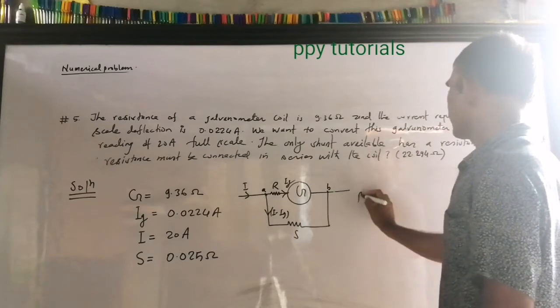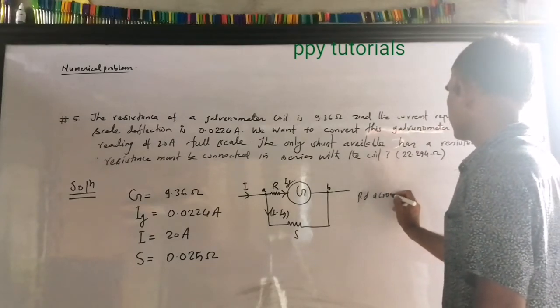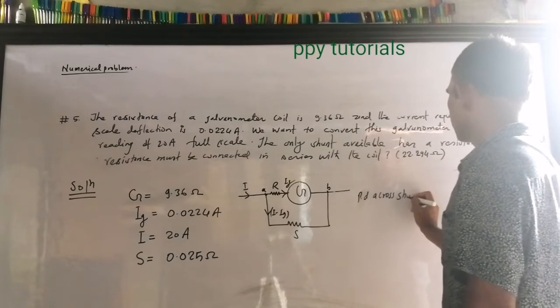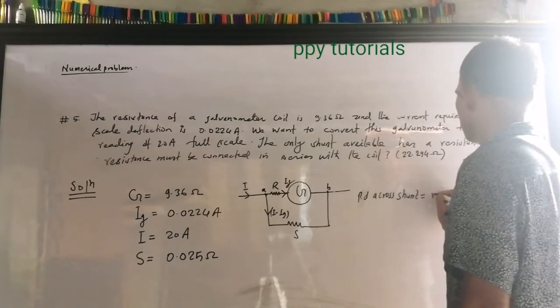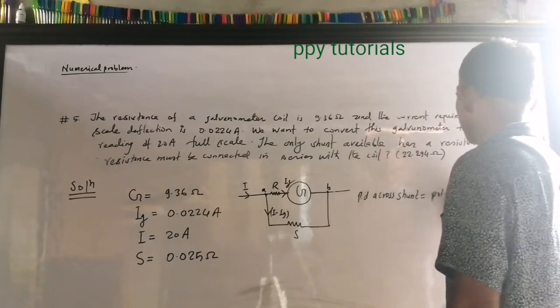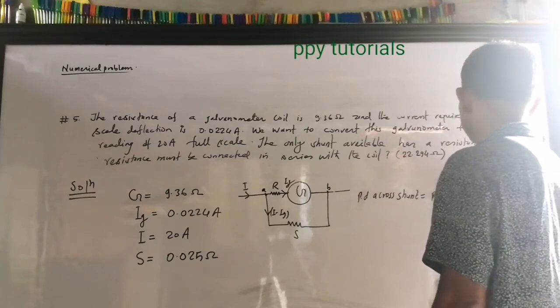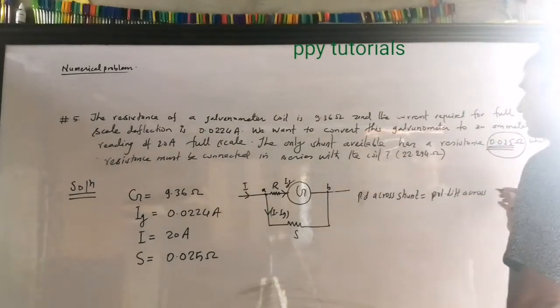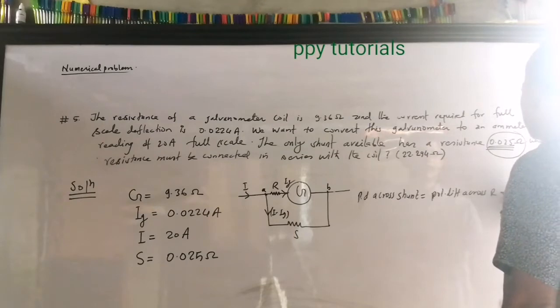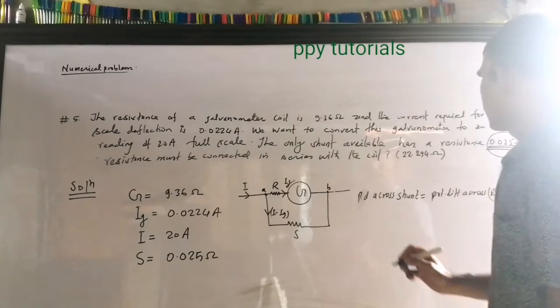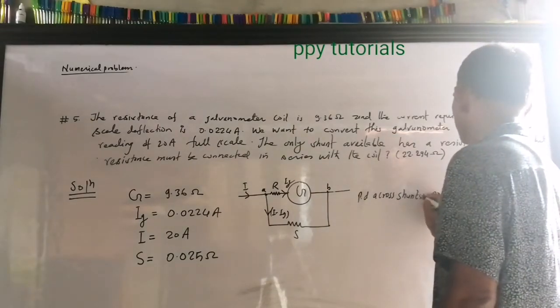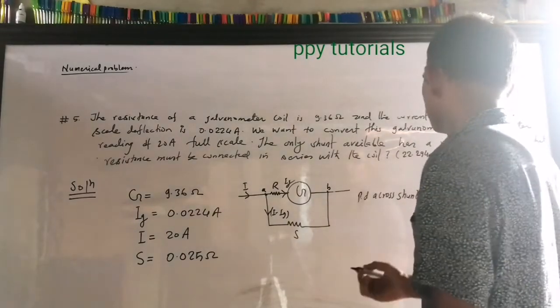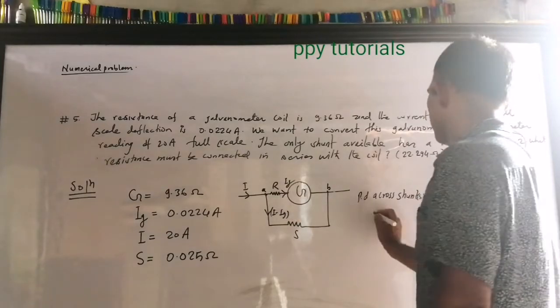So we can write the potential difference across the shunt is equal to the potential difference across the resistance R plus G. Let me write this shunt also. And what is the potential difference? V equals I R, Ohm's law.